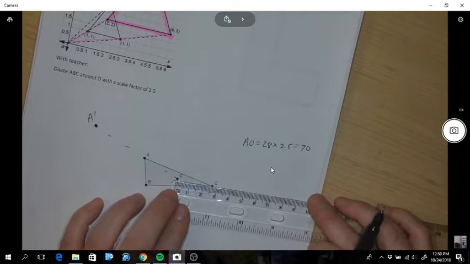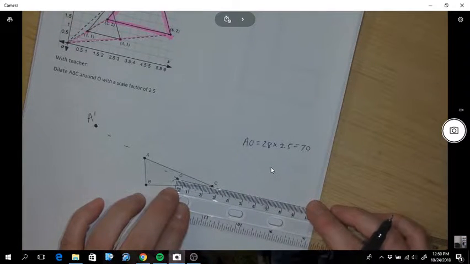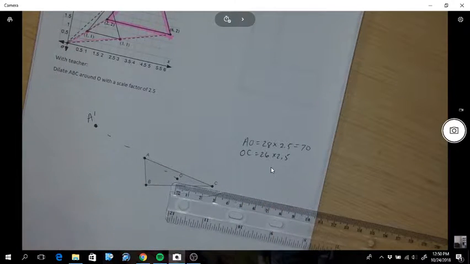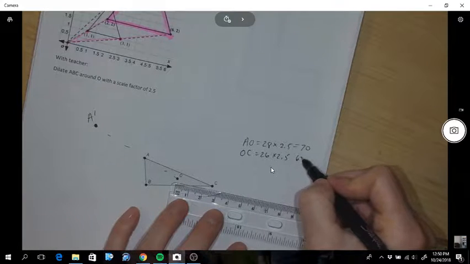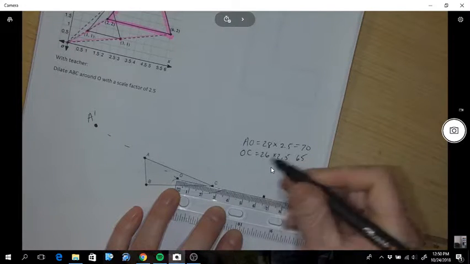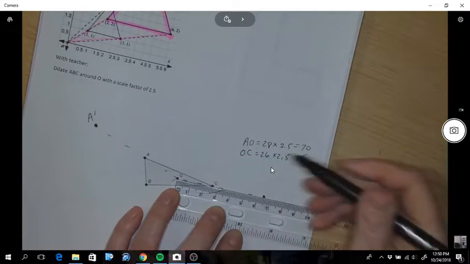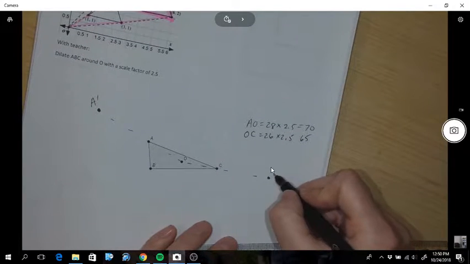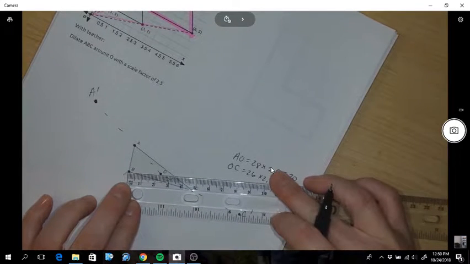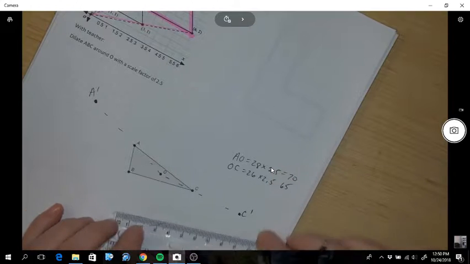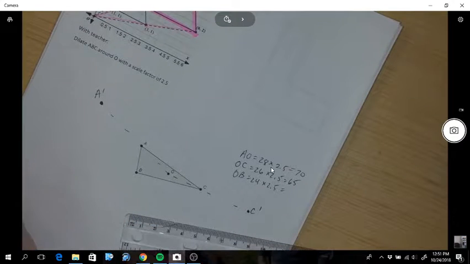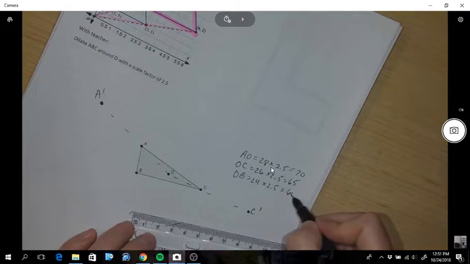Okay, so you repeat, you go this 26 and then times it by 2.5, so that's 65. So keep that line and go 65. Okay, and then that is the new C. And then we're going to do OB, so that's 24 times it by 2.5 equals 60.